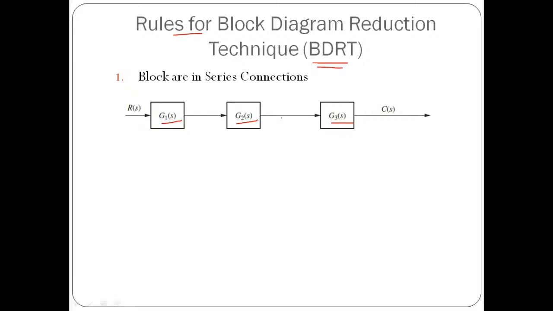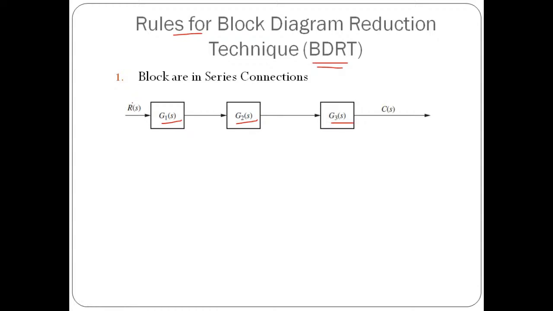Suppose we want to represent them by a single block. What we need to do is find the output at the intermediate stages, and then relate that output to the main input, and whatever the parametric function that defines the relationship between output and input, we place inside a single block.